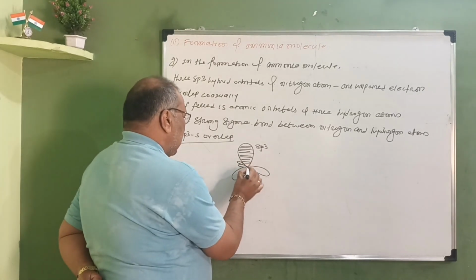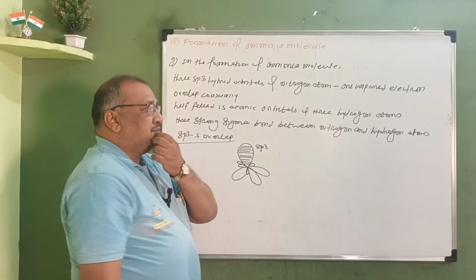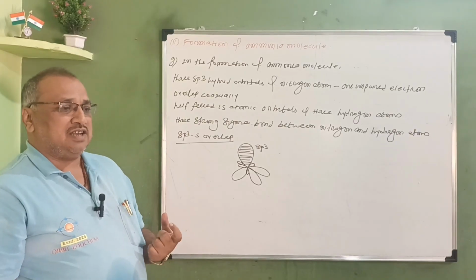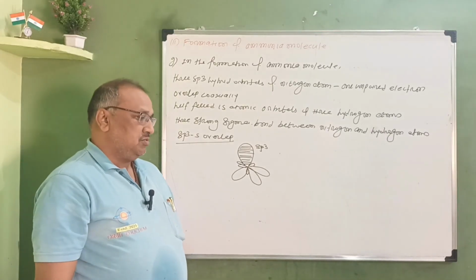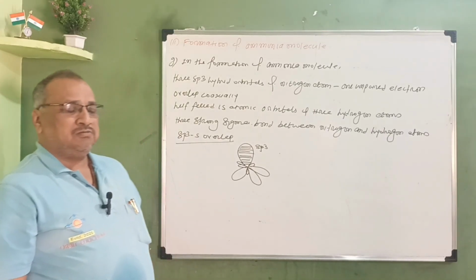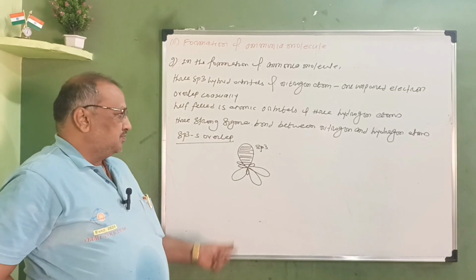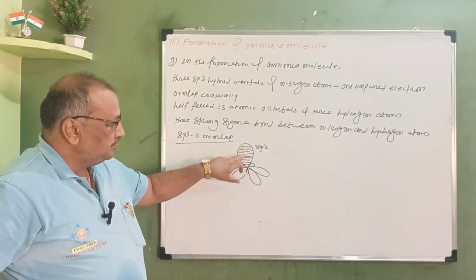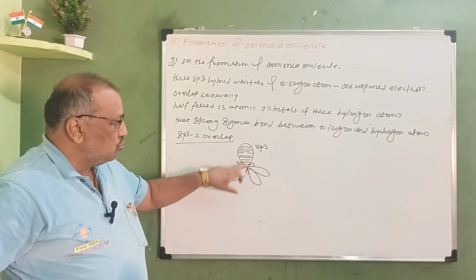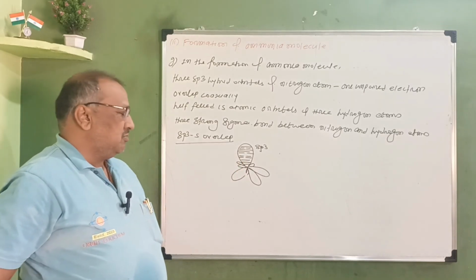Here draw the back lobes like this. Now keep in mind the most important point is that hybrid orbital also consists of two lobes. One lobe is large and another lobe is small. Now this is the one hybrid orbital and it has two lobes. This lobe is large and this lobe is small.